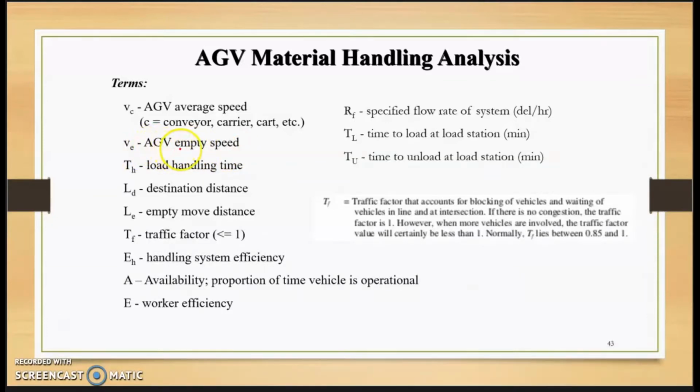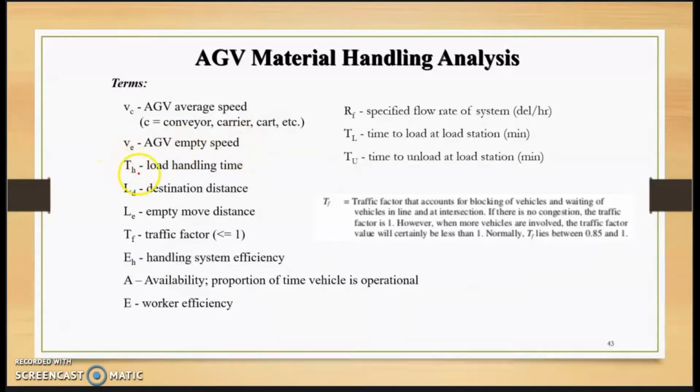Basically, the speed of an empty AGV can be faster than when it has a load. However, the programmer can set a fixed speed, which makes VC and VE equal. But in some cases, maybe there are differences.